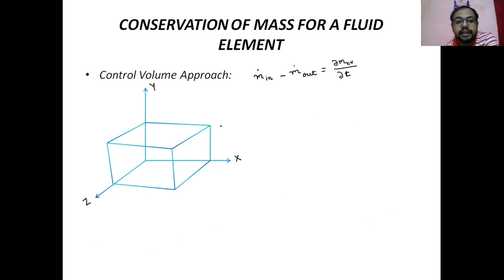What is the beauty of this? We are invoking here one partial differentiation. Why the partial differentiation? Because the fluid is in motion. To take the partial differentiation, the idea is that we freeze the coordinate system.